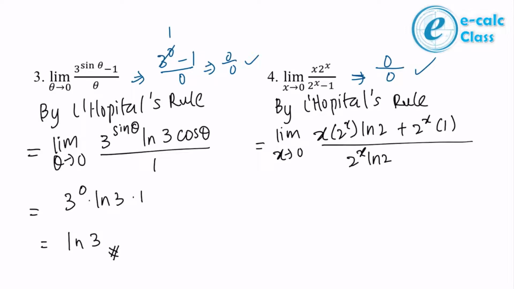And yeah, we can factor out the 2 to the power x, right? And we are left with what? Okay, if we put in 0, the whole thing here will just be 0, right? So it is just 1 over ln 2. Finish.